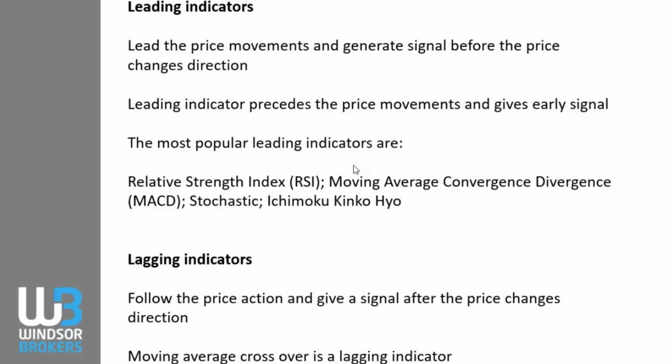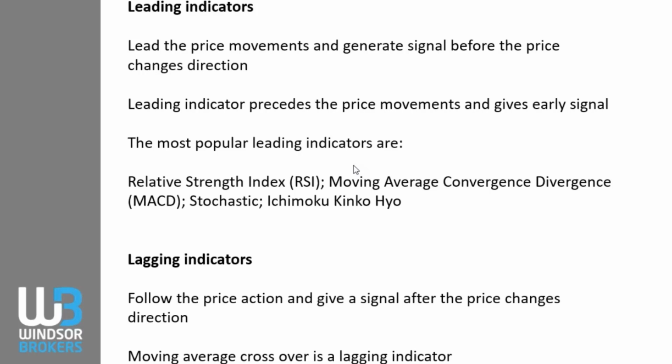So the two main groups that we can put our trading indicators in are leading and lagging indicators. Both of them follow the market direction, but a leading indicator is the one that leads the price movement.